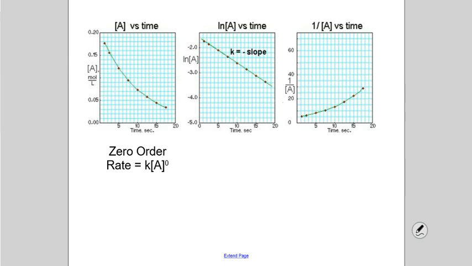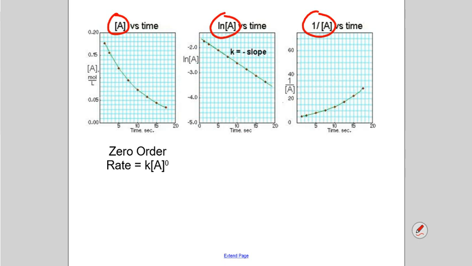You can see 3 different graphs here. It's all for the same data. The only difference is we have concentration versus time, natural log of concentration versus time, and then 1 over concentration versus time. Depending on which of these graphs are linear is going to tell us what order it is.